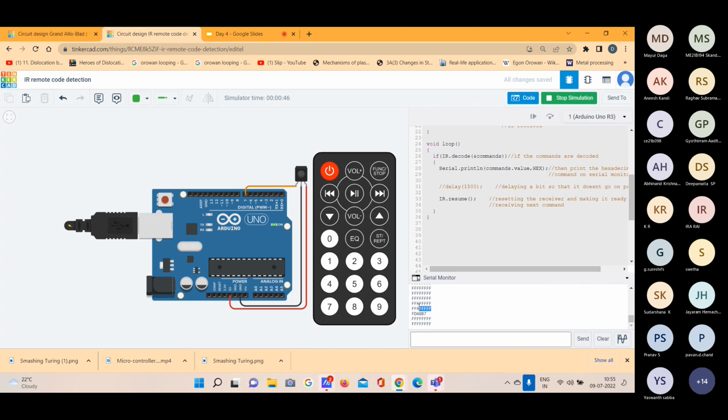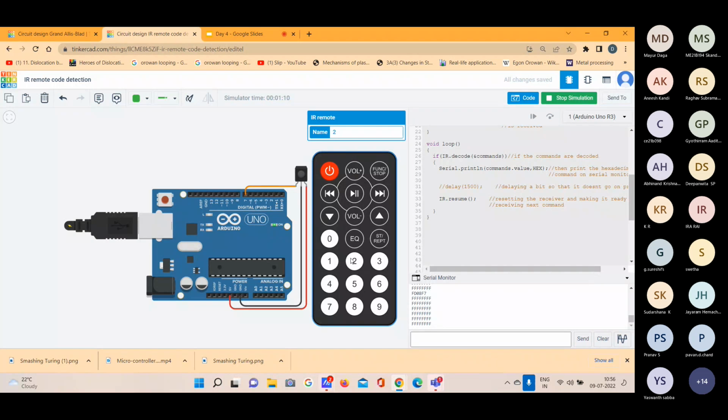You can play with if statements and continue or discontinue. Suppose I just want 1 to be pressed once and it should not be carried further, so we can use this while coding. So yeah, this much is just for simulation.